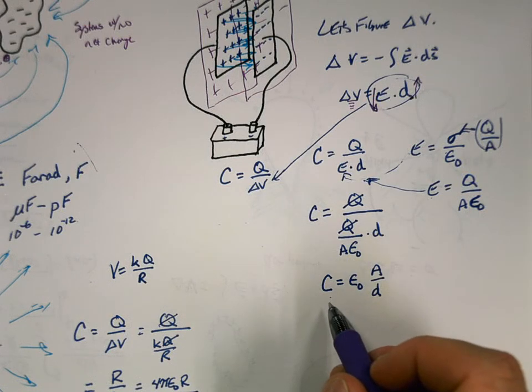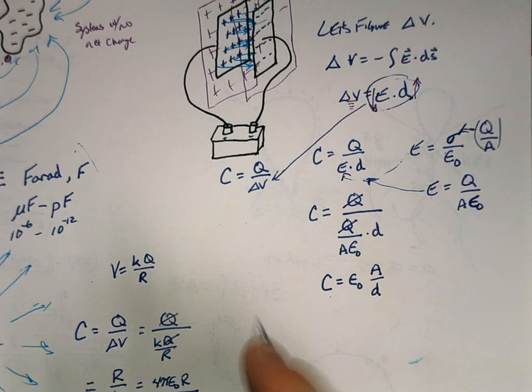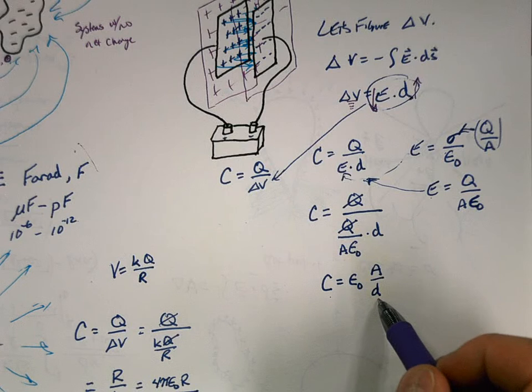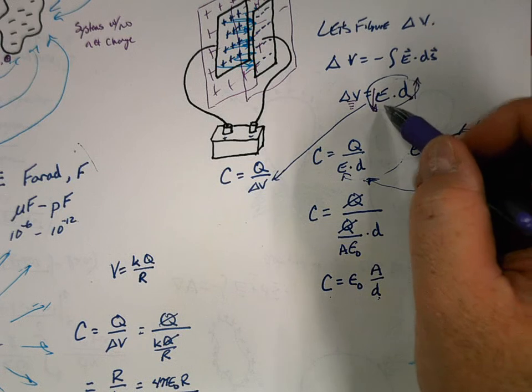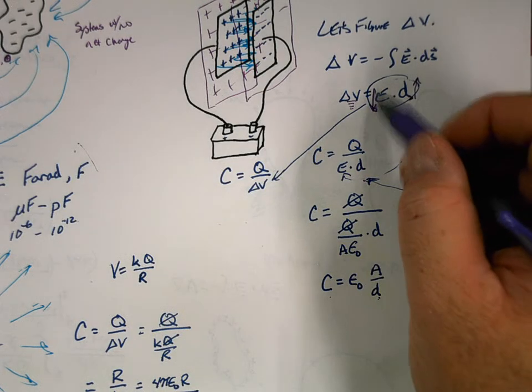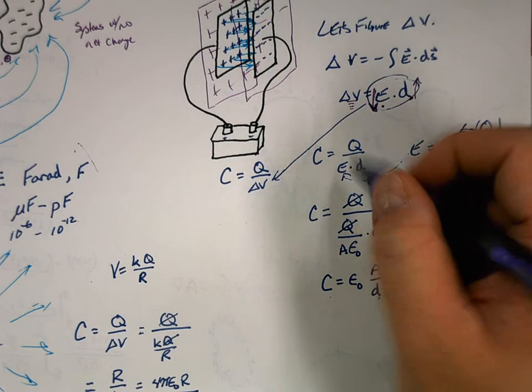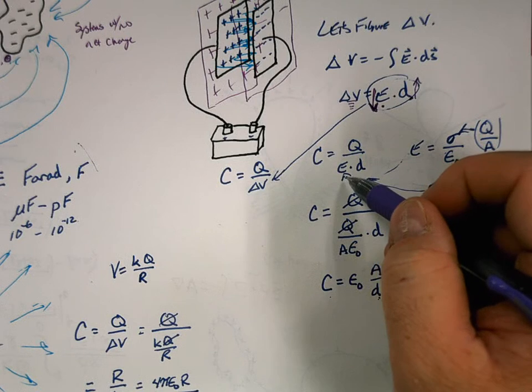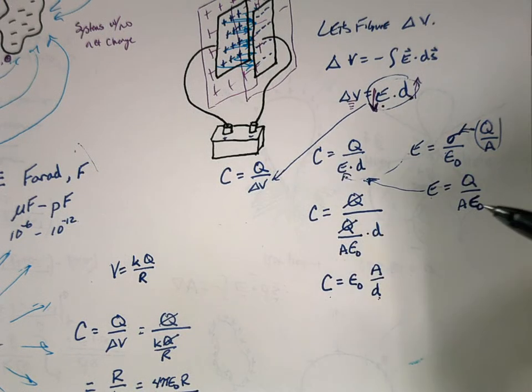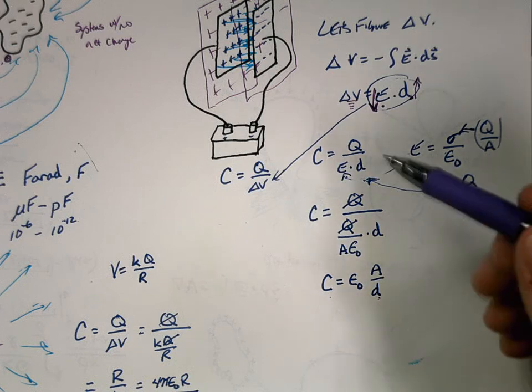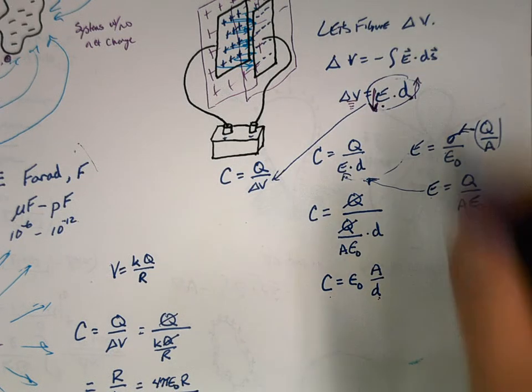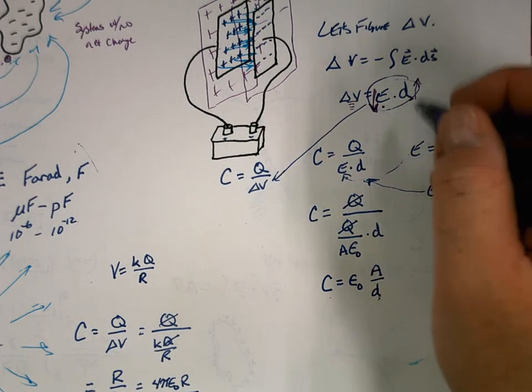If D gets smaller, our field drops, but it divides here to make our capacitance bigger. Oh, I just described it wrong. If our D increases, our field drops.